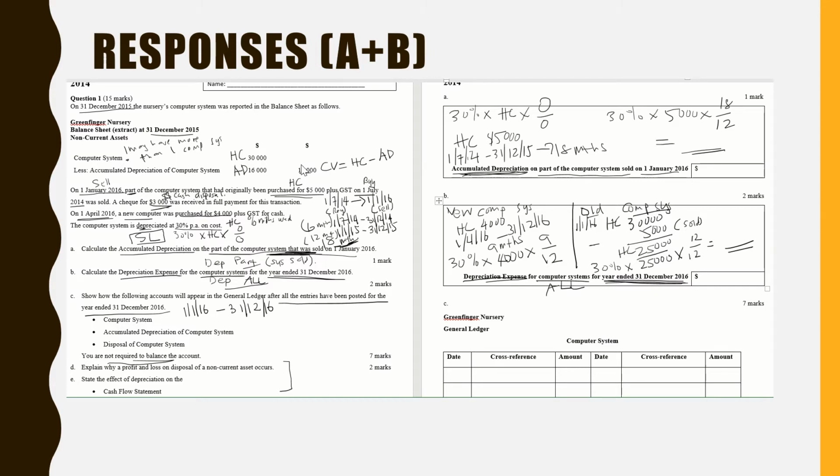What we need to do is just add up what we've gotten from the new computer system and the old computer system. Just add together the depreciation that you've calculated, and that will give you the total depreciation. Okay, so keep that in mind.